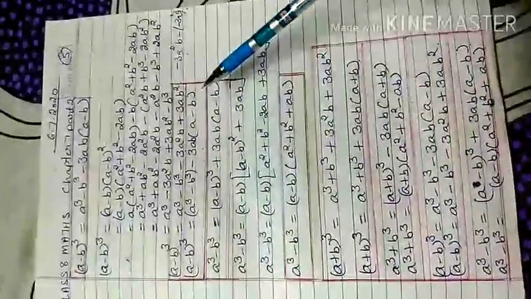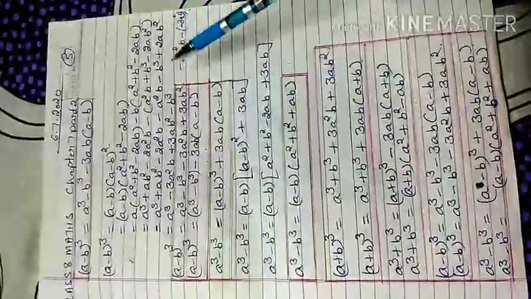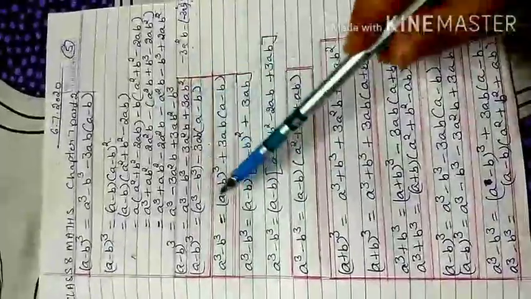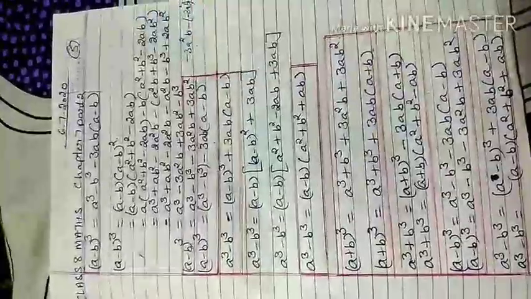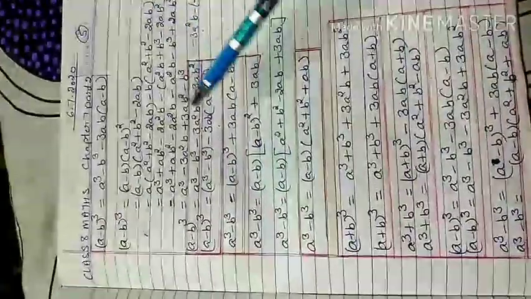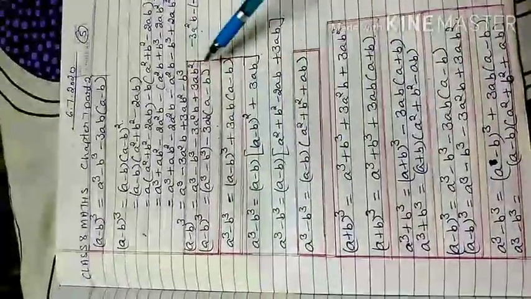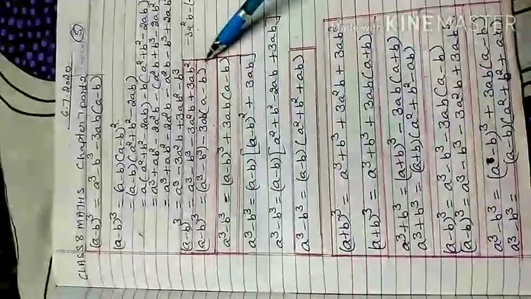So that is the other formula for (a-b)³. So I have two formulas: a³ - b³ - 3ab(a-b), or a³ - 3a²b + 3ab² - b³. It's up to you, you can apply either formula.